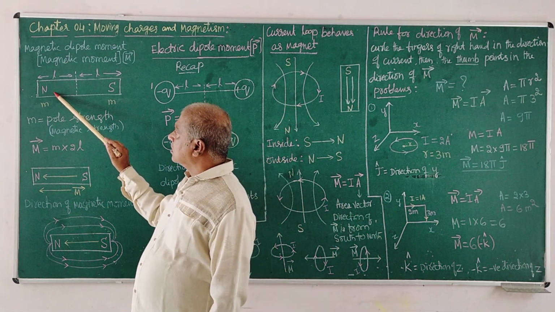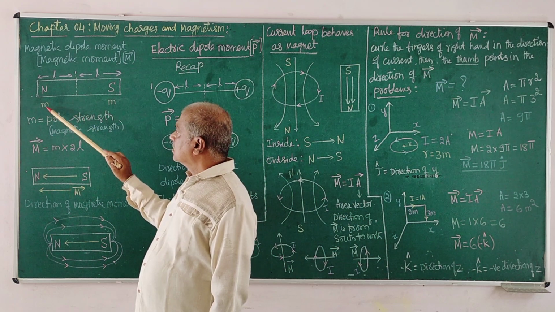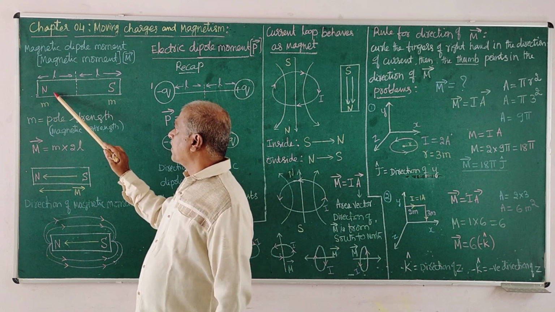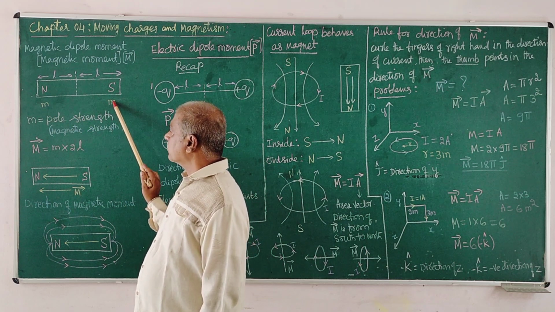That force of repulsion or attraction is called the strength of the magnetic pole. That is the pole strength of the magnet. They are equal in strength.